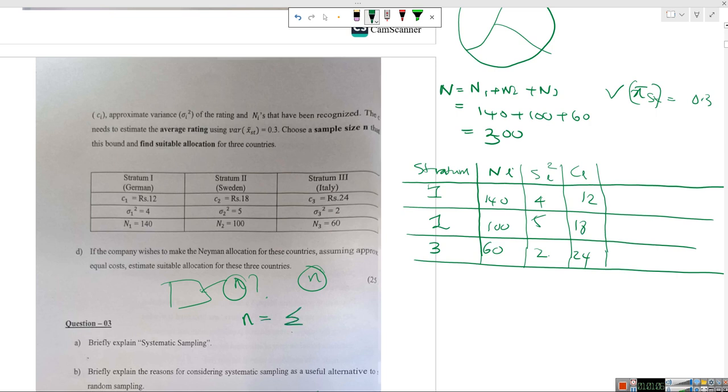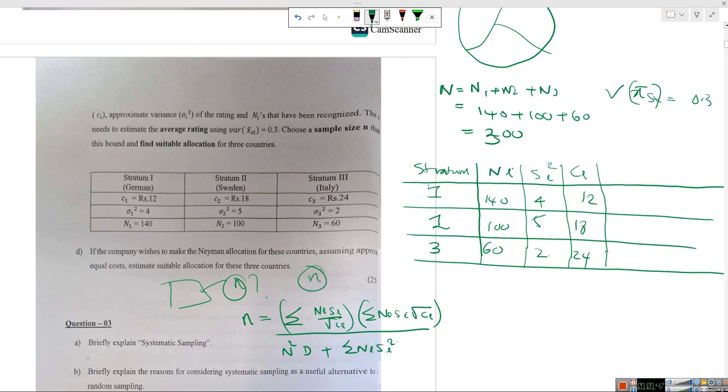So for this, n is equal to summation i equals 1 to k of NiSi divided by square root of Ci, into summation of NiSi square root of Ci, divided by N squared D plus summation NiSi squared.